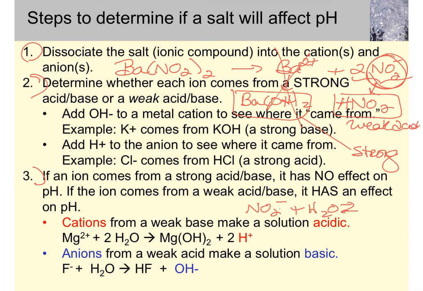It's going to snatch one of the acidic hydrogens from water to reform nitrous acid, and what's going to be left over is additional hydroxide. So the barium nitrite is going to make the solution turn somewhat basic, exclusively due to the nitrite ion. And that is it for this lecture, and it's also it for Chapter 15, Acids and Bases.